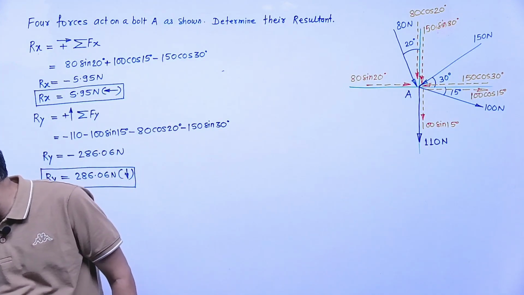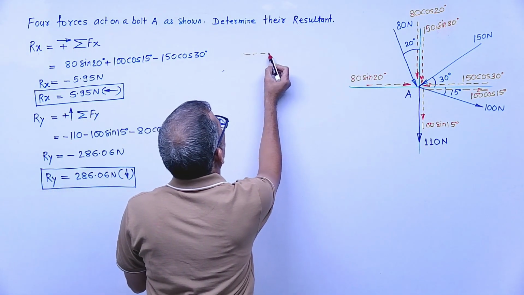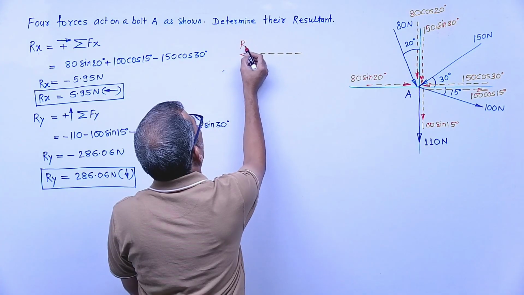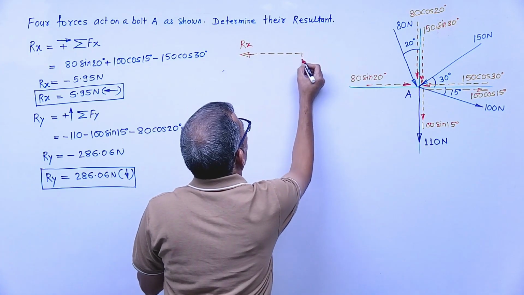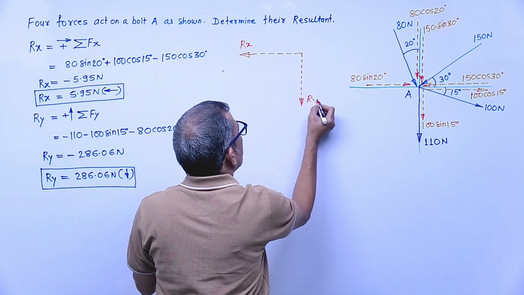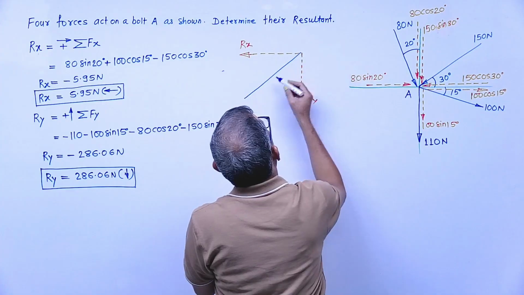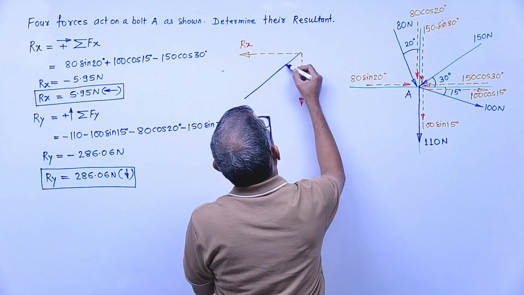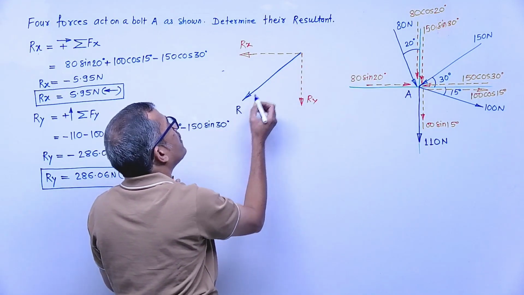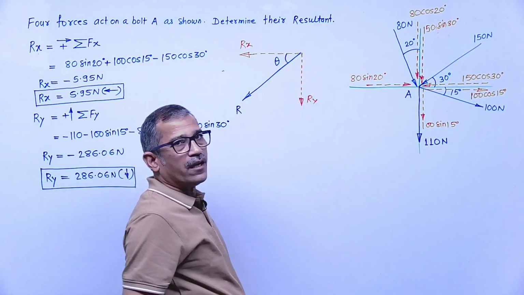The resultant will lie in the third quadrant, quadrant number 3. The resultant is R, and the inclination of the resultant with the horizontal is angle theta.